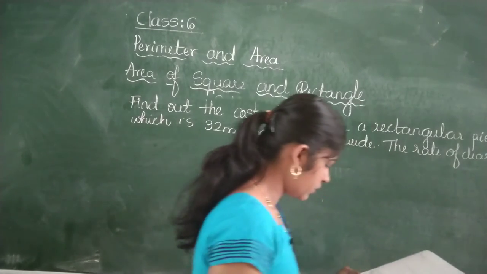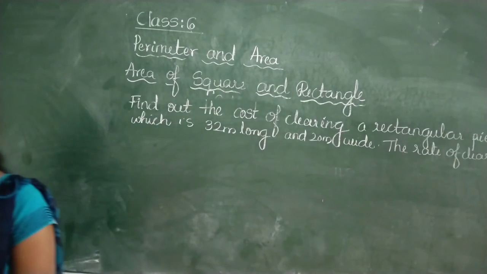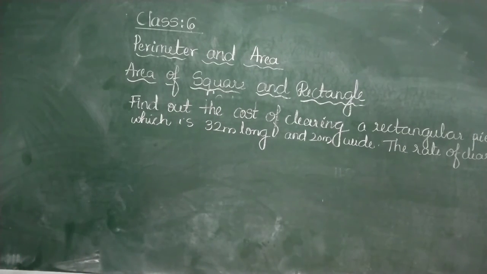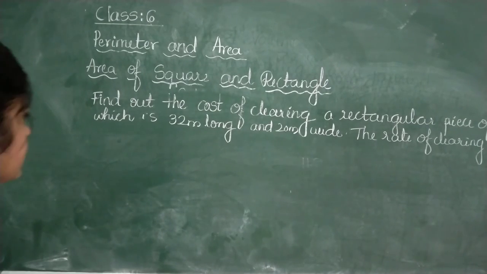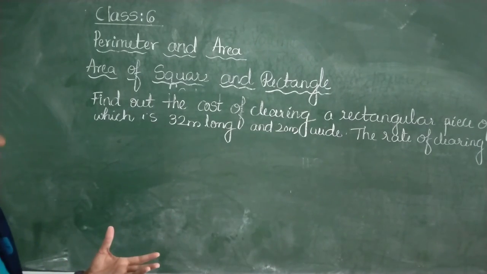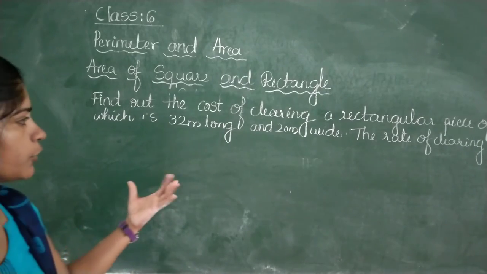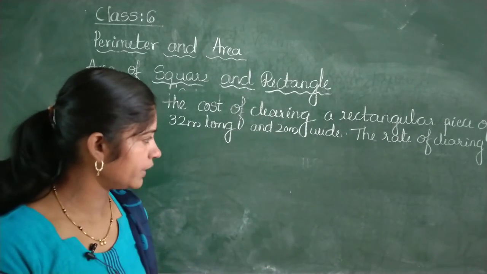So here what you have to do, see here: find out the cost of clearing a rectangular piece of land which is 32 meter long and 20 meter wide.